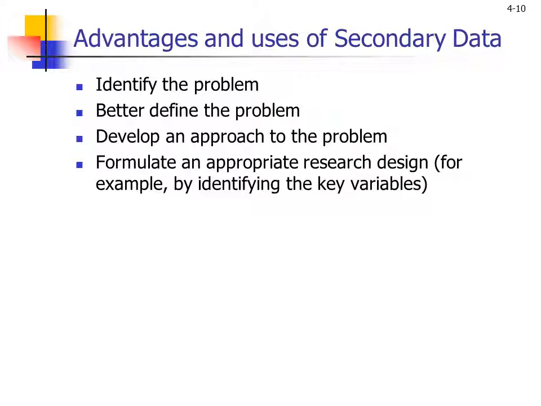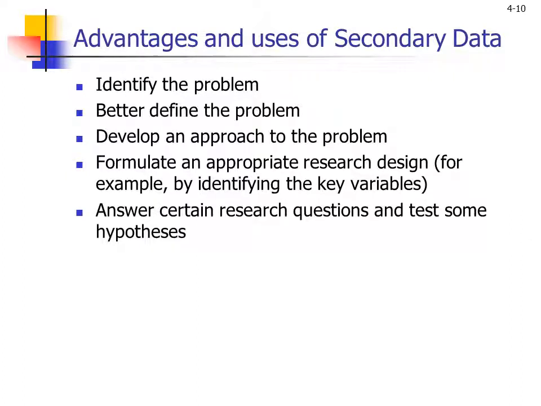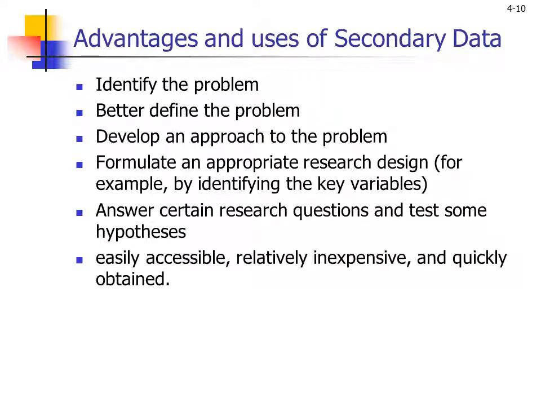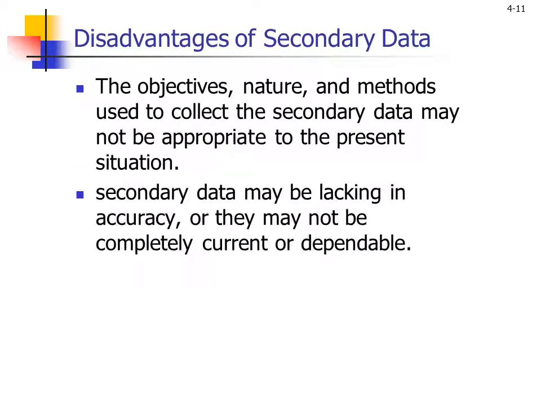Secondary data help to formulate an appropriate research design, for example, by identifying the key variables, answering certain research questions, and testing some hypotheses. And secondary data are easily accessible, relatively inexpensive, and quickly obtained. All these points are advantages of secondary data.